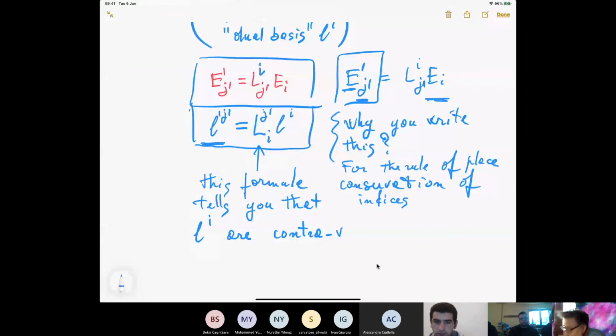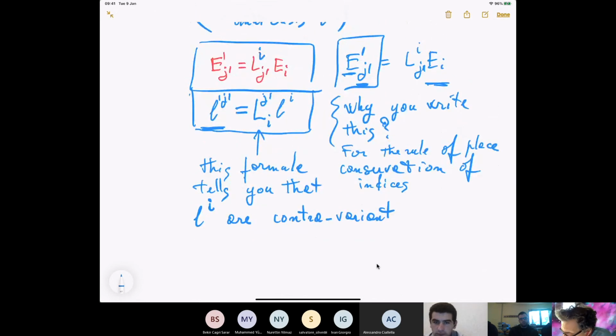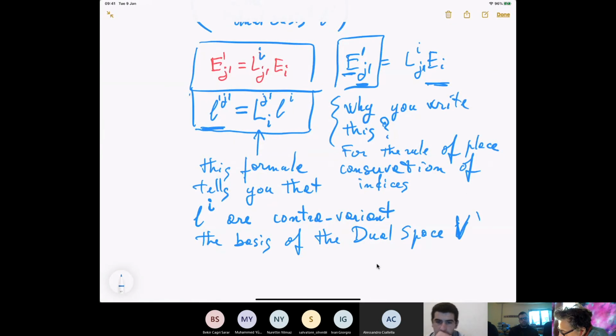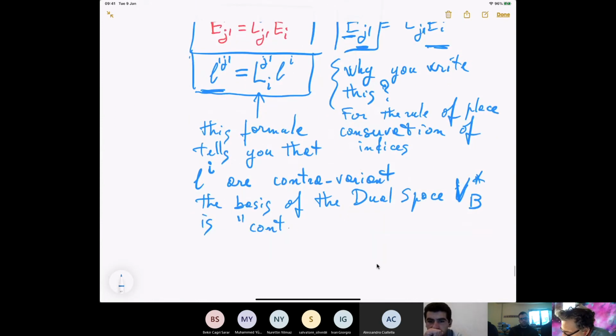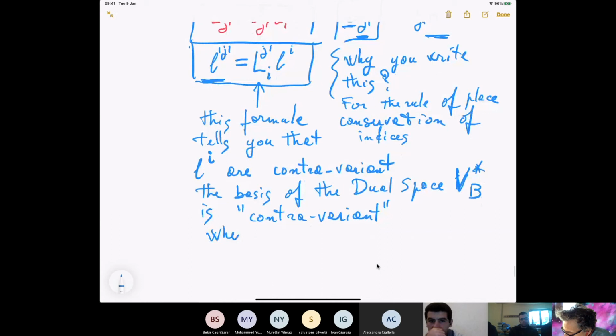So the basis of the dual space V star B is contravariant when you change Ei into E prime J prime.